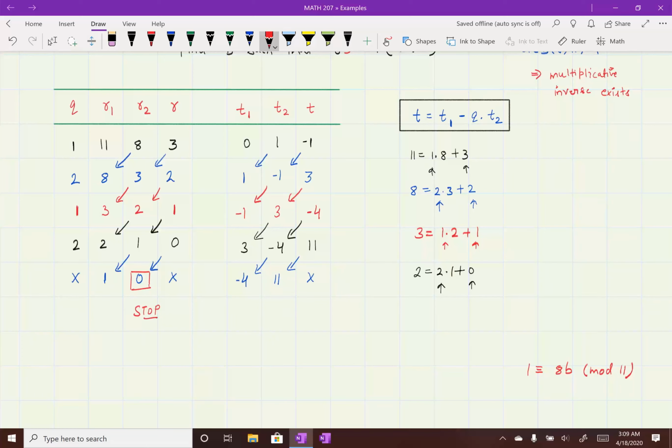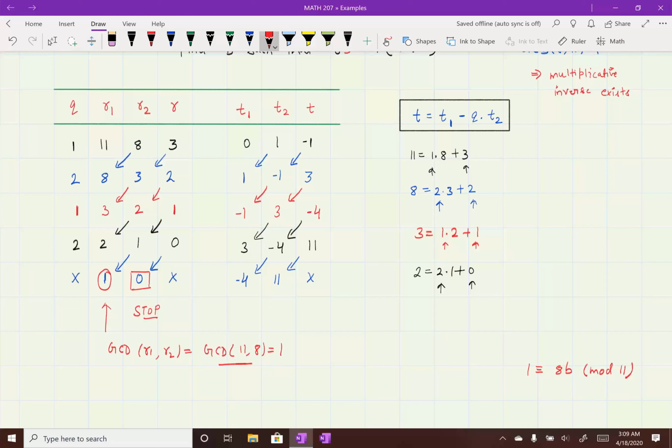Then the GCD of r1 and r2, which in this case is the GCD of 11 and 8, is going to be equal to 1.